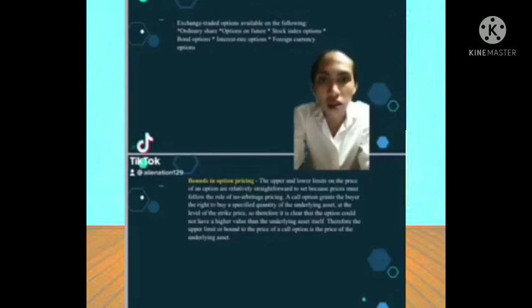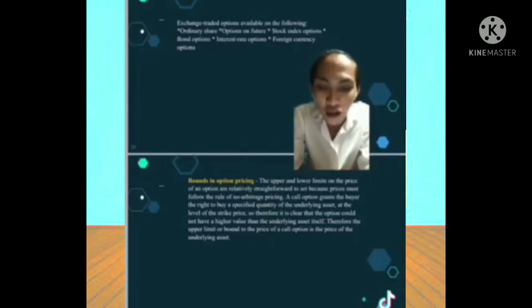Exchange traded options are available on the following: ordinary shares, options on futures, stock index options, bond options, interest rate options, and foreign currency options. Ordinary shares, guys, are also called common shares. Ordinary shares are stocks sold on a public exchange.